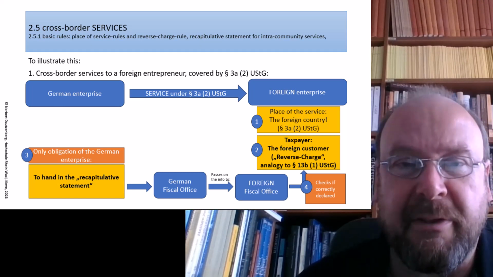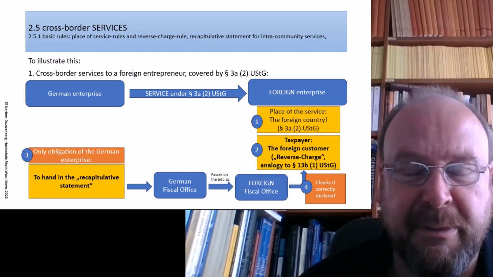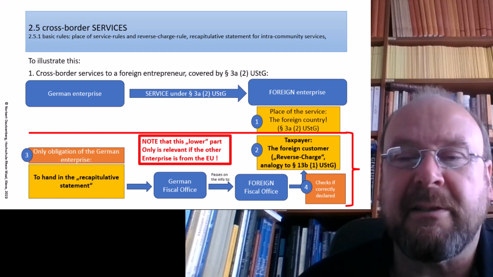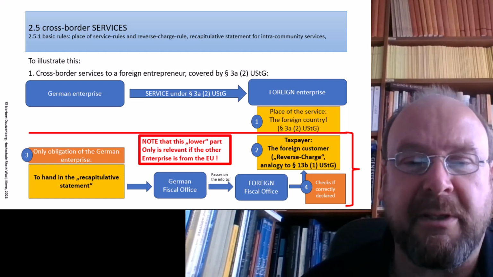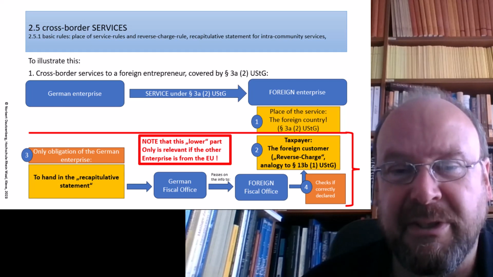The German fiscal office passes on the information to the foreign fiscal office, and they check if the foreign enterprise as customer correctly declared all that. By the way, naturally, because that exchange of information only happens between EU states, all the lower part below the red line is only happening between EU states.